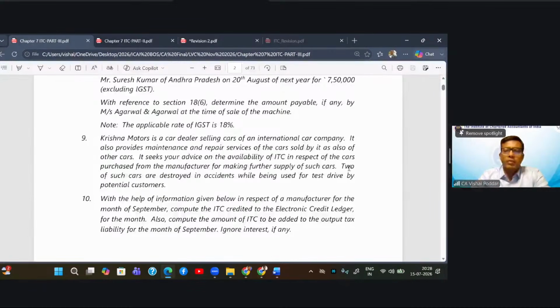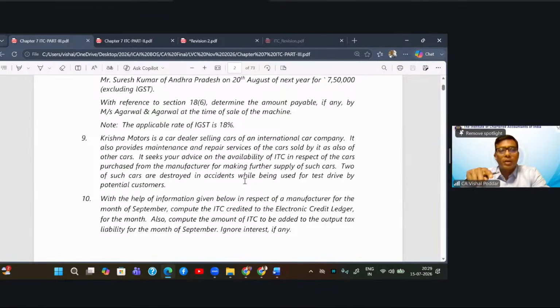However, there is one more part. Two of your cars are destroyed in an accident. Now here, even though 17(5)(a) is allowing you credit of all purchase of cars because of our exception to section 17(5), that is, these cars will be used for your further supply. They are going to be sold. Hence the ITC is allowed. But out of these cars, two are destroyed. Now, since two of these cars are destroyed, another section, 17(5)(h), becomes applicable, which says that wherever goods are lost, destroyed, or written off, the ITC will not be available.